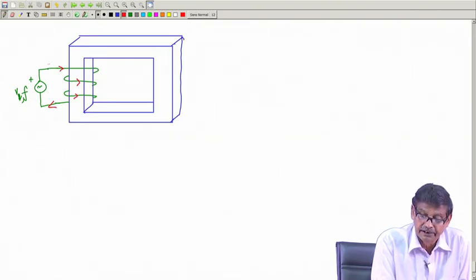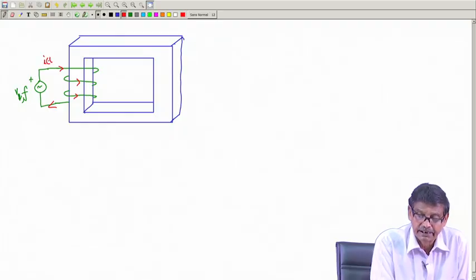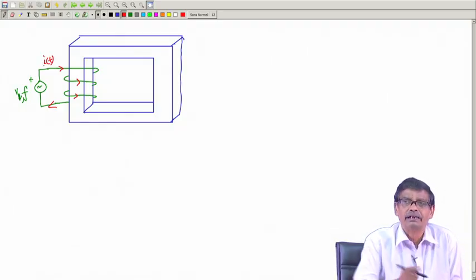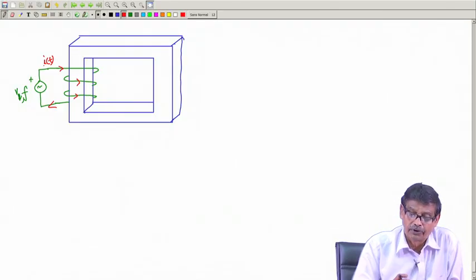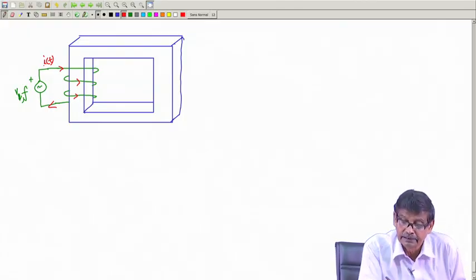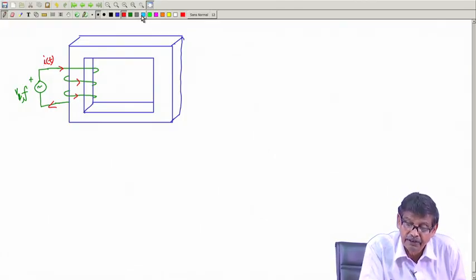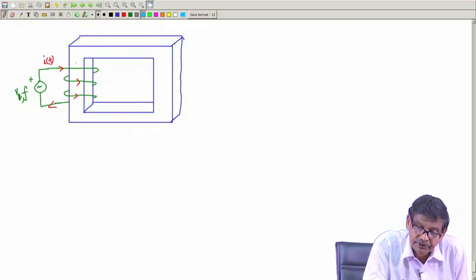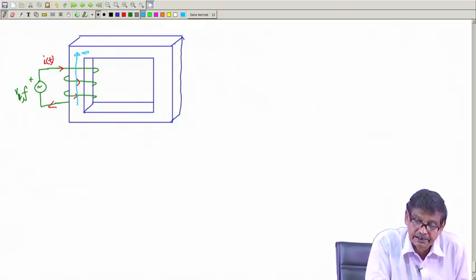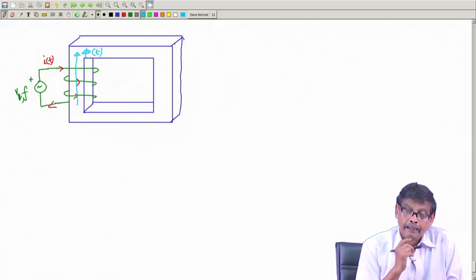Of course, this current will be a time varying current, lagging approximately the voltage by 90 degrees and so on. But nonetheless, there will be flux produced in the core, that is phi t, and that too will be time varying.